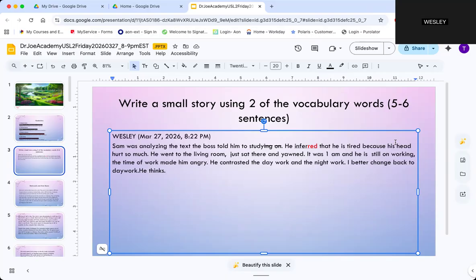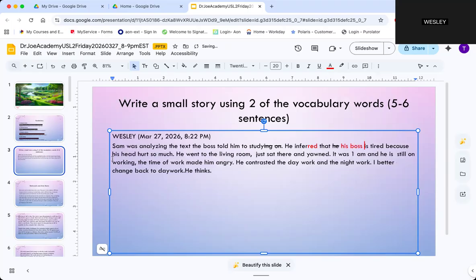So we have to say something that tells the reader that Sam knows. Instead of saying his head hurts so much, his boss inferred he is tired. There's too many he's. His boss is tired because he was complaining about his headache. Do you understand? Yes.